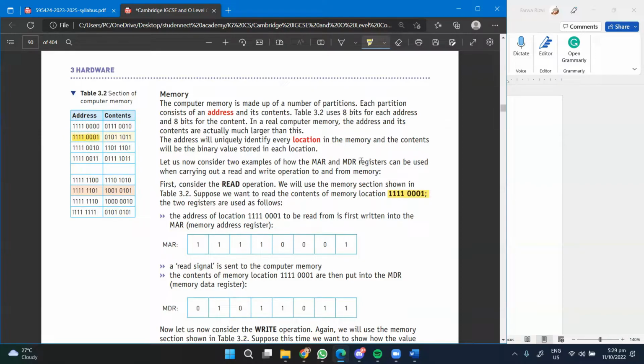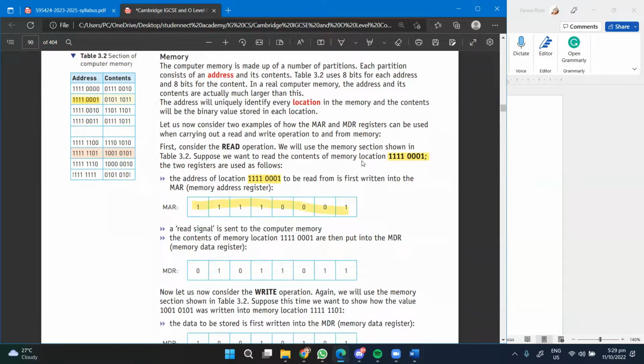Now, how is it going to read this data? It's going to look for this address, and the address of the location to be read from is first written into the MAR. So this address is copied into the memory address register, and then right after that, a read signal is sent to the computer memory. So it's going to say, I want to read this certain data from this address.